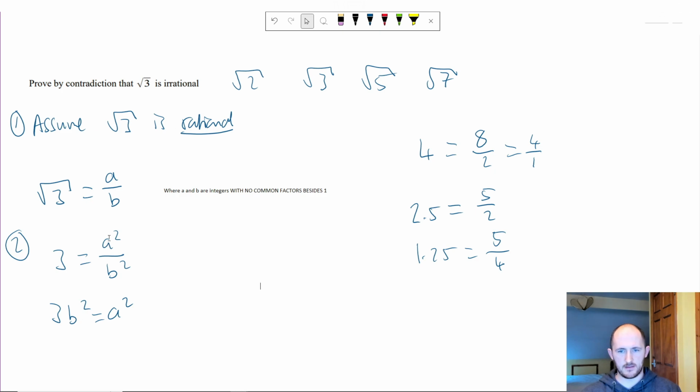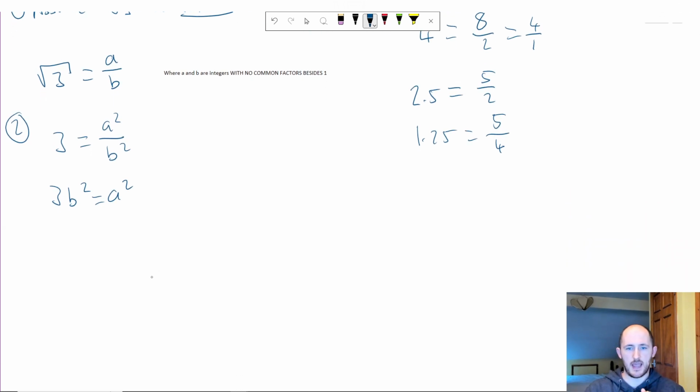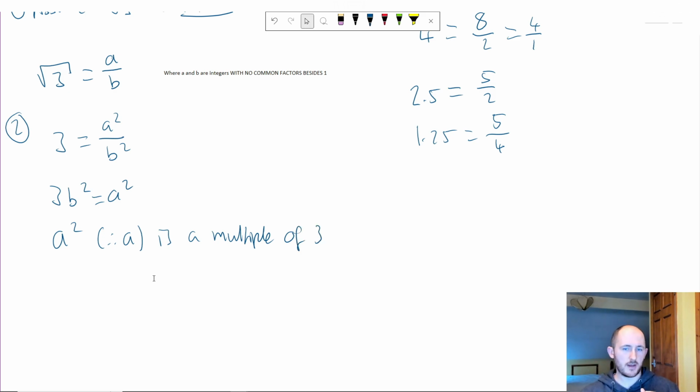Now if you see what I've done here, I get 3b squared equals a squared, which means a squared, and therefore a, is a multiple of 3. Logically, right?